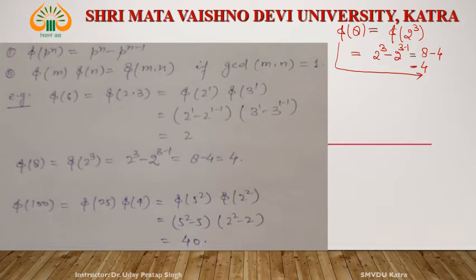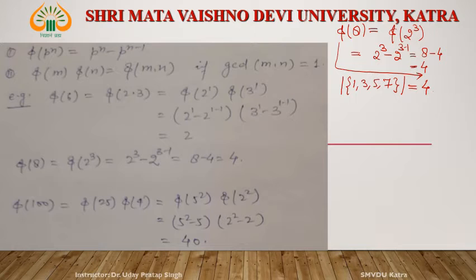It means there are 4 natural numbers greater than 1 and less than 8 which are relatively co-prime with 8. See, what are those numbers? 1 is relatively prime with 8, 2 is not, 3 is relatively prime with 8, 4 is not, 5 is relatively prime with 8, 6 is not, 7 is relatively prime with 8. Right? Then what is the total number? 4. Then phi of 8 is equal to 4.